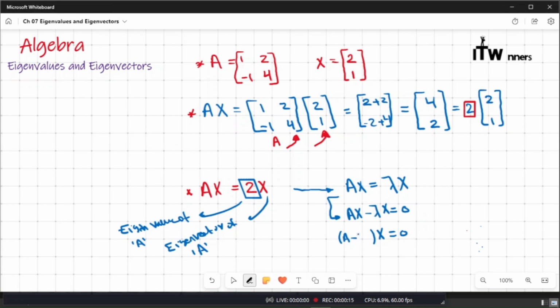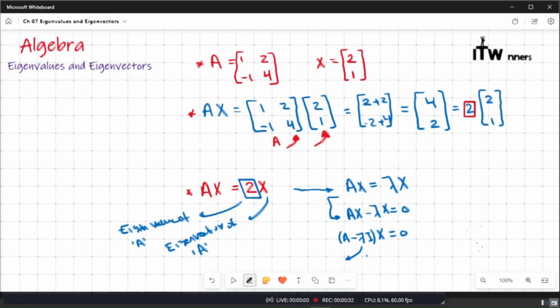So we have lambda I. This value of lambda is only related to matrix A.